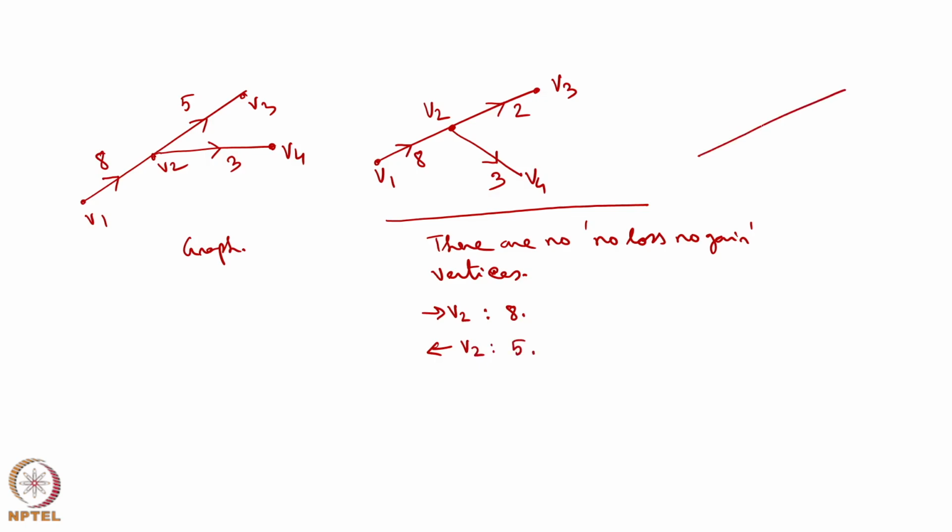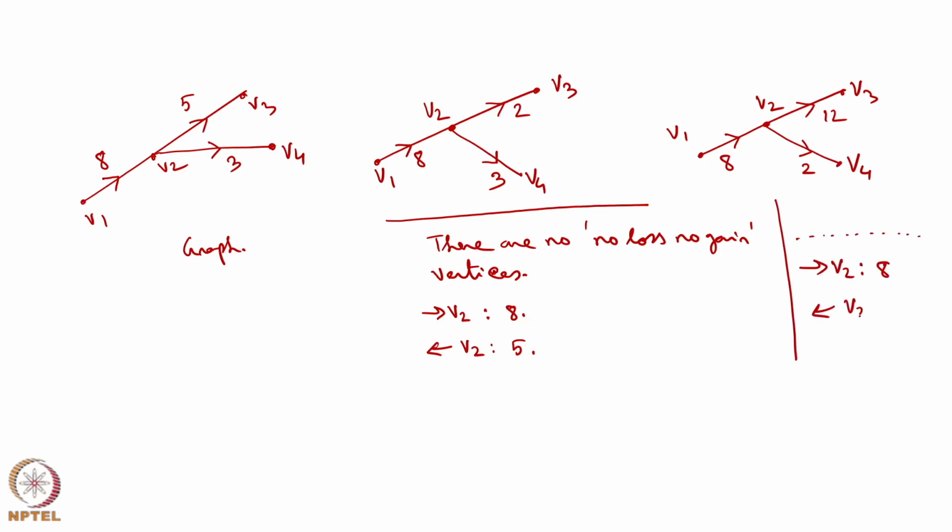Similarly, if I ask you a question, eight units go in, 12 units go out and 2 units here go out. So, here also this is a case where there is a no loss no gain vertex. The total input to V2 is 8 and the total output from V2 is 14.